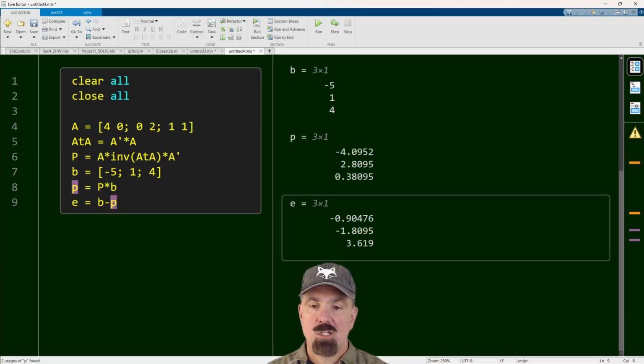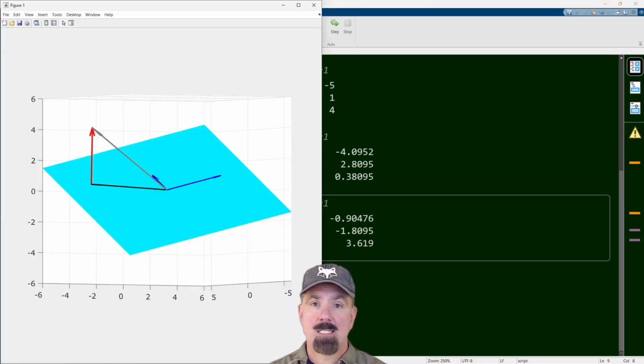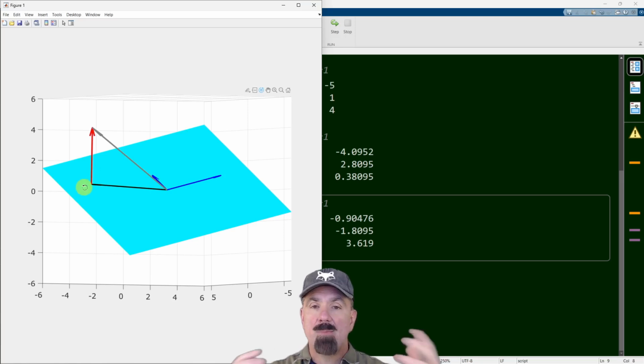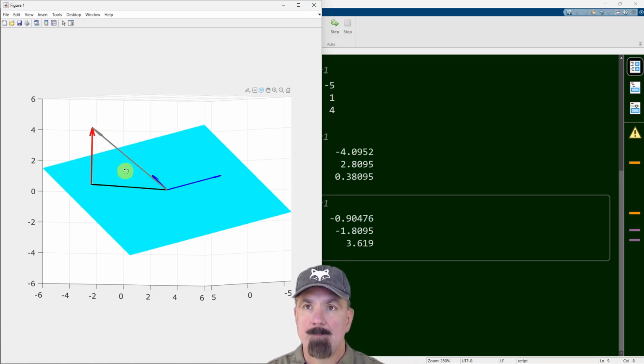It's very easy geometrically, and he explains this in the section. It's very easy to see that the closest we could get would be the situation where the error vector has minimum magnitude. Any other approximation for b that's in the column space will have a longer error vector and will not be as good of an approximation. So what we're trying to do is minimize the length of the error vector to give us the best possible approximation for b in the column space of A.